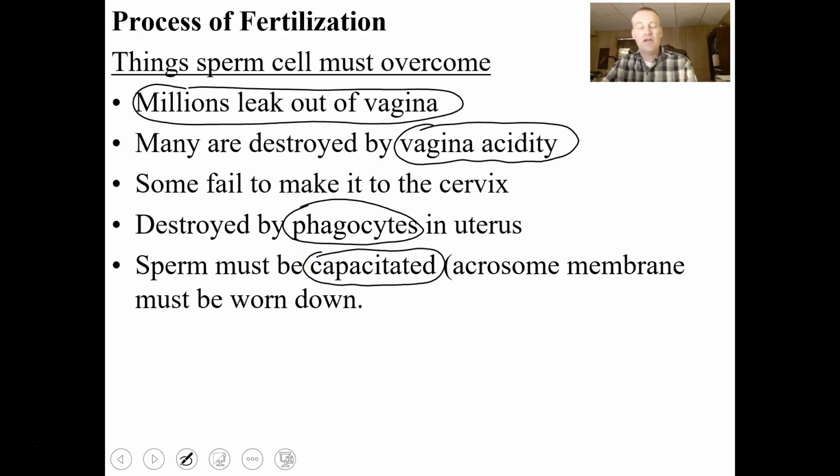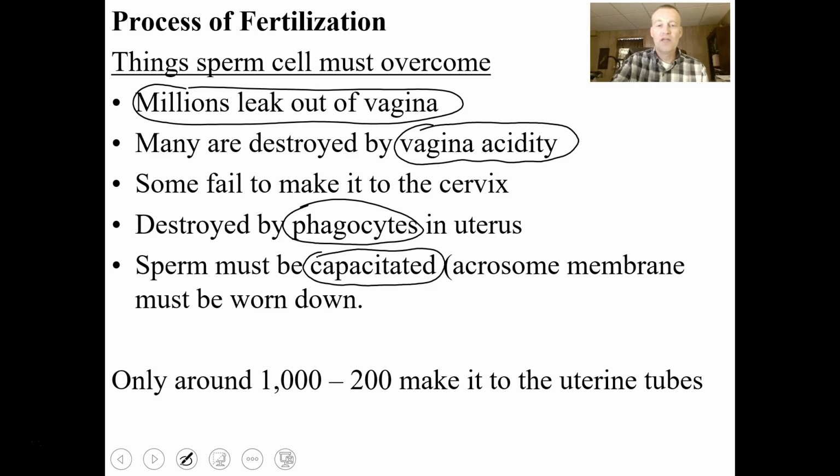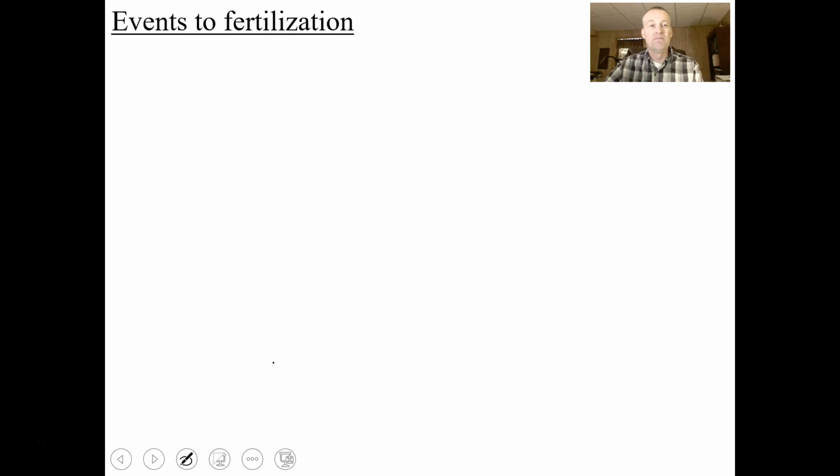That is, they have to have these surface proteins and lipids rubbed off of the acrosome membrane, so that that membrane will be able to be activated later on. So they do have to swim, and they have to knock into the walls of the female reproductive tract to help capacitate and wear down the membrane around the acrosome. About 100 to 200 are going to make it to the uterine tubes when it's all said and done.